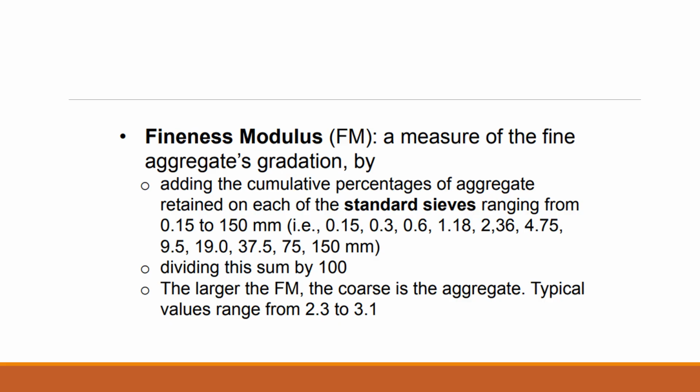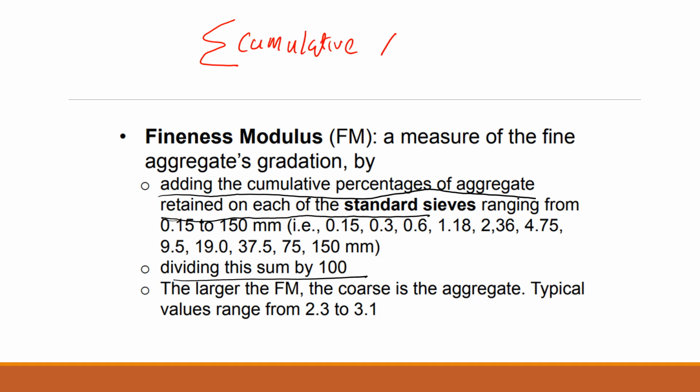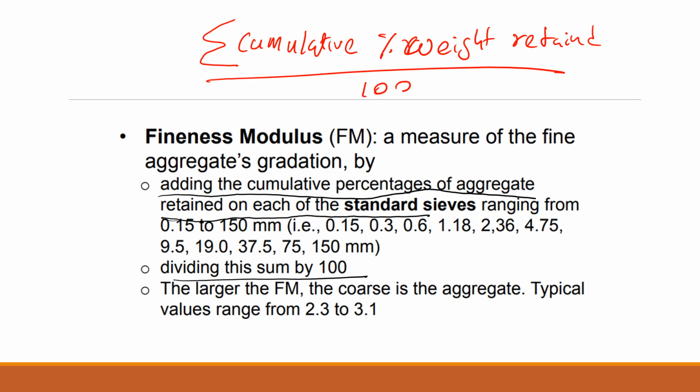It is adding the cumulative percentage of aggregate retained on each of the sieves, divided by 100. So if I write it, the sum of the cumulative percentage. This we call the fineness modulus.